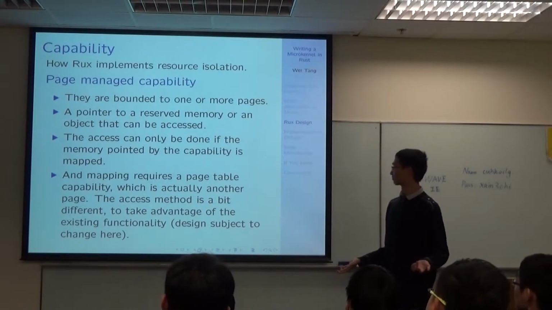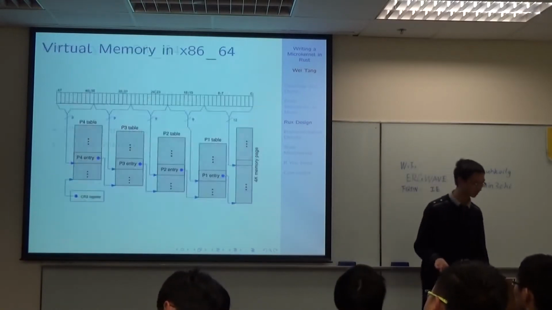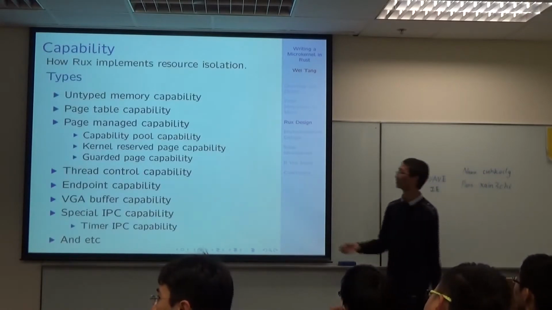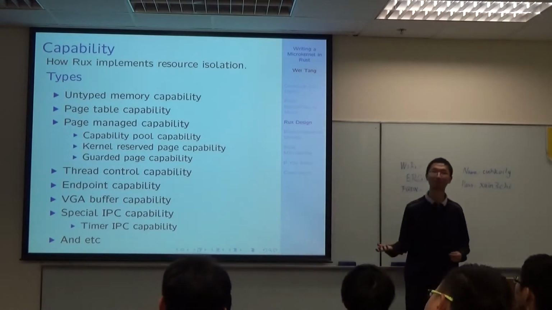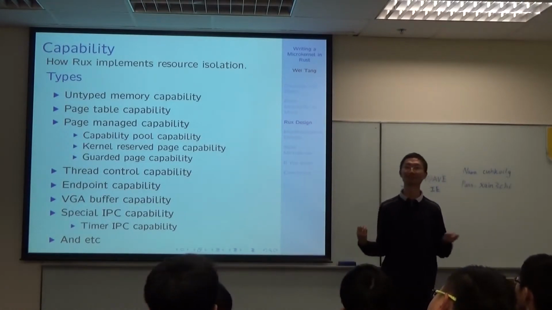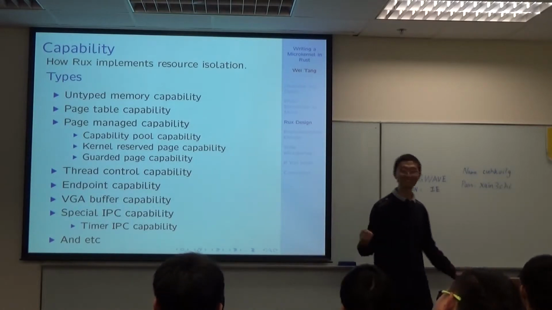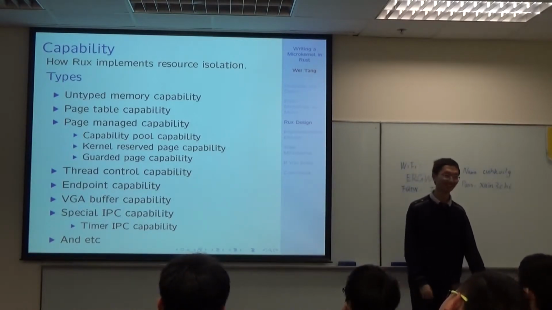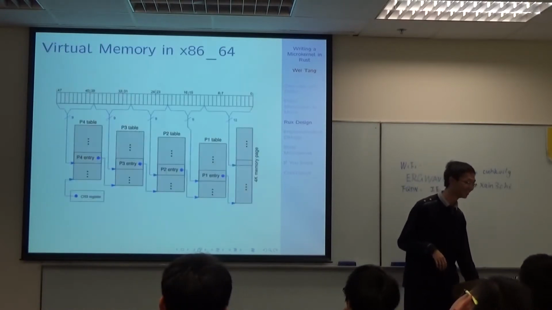And the access method is a little bit different. So you can say that here it is not part of the page managed capability, it's a separate one. So you can use a method called recursive addressing, which I think is just for x86-64, but I will not introduce it here, it's not the main point.